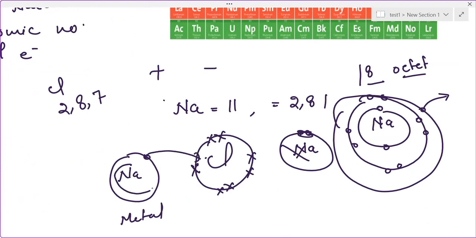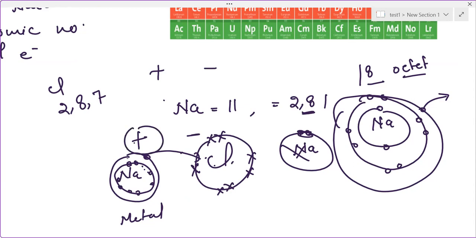In its inner shell, sodium has 8 electrons: 1, 2, 3, 4, 5, 6, 7, 8. So after losing one electron, it has 8 electrons in its outermost shell. So it gets a complete octet after giving one electron, and chlorine gets its octet complete after receiving one electron. After giving one electron, sodium becomes positively charged and chlorine becomes negatively charged.